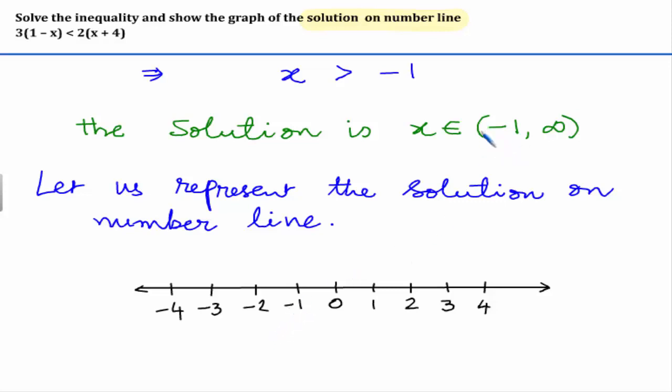And this is an open interval towards -1. So we will draw one circle here. And its right side is infinity. Therefore your number line solution is on the right side. So the solution will be towards this side from -1. And don't forget to represent here the hollow circle or a closed circle depending upon the solution.